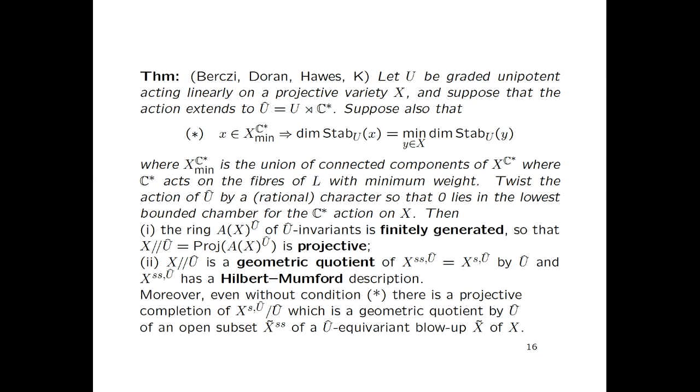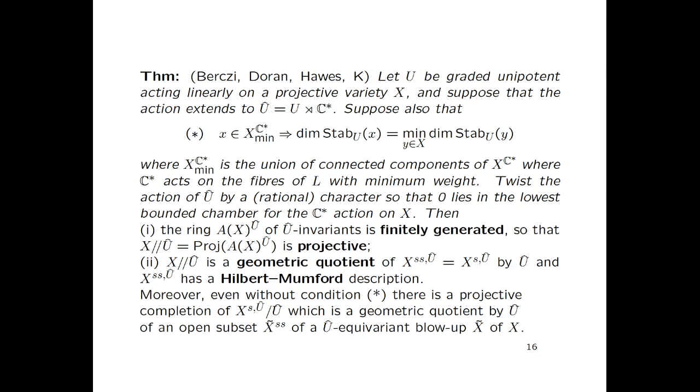And, well, actually, I think that's if you use Mumford's original definition of stability, whereas what we now normally talk of as stability is what Mumford called properly stable, and then you would need a zero for that dimension in condition star. But roughly speaking, star is saying that stability corresponds with semi-stability for the unipotent action.